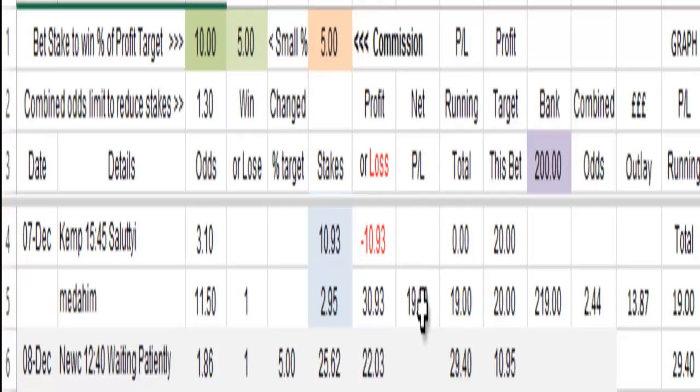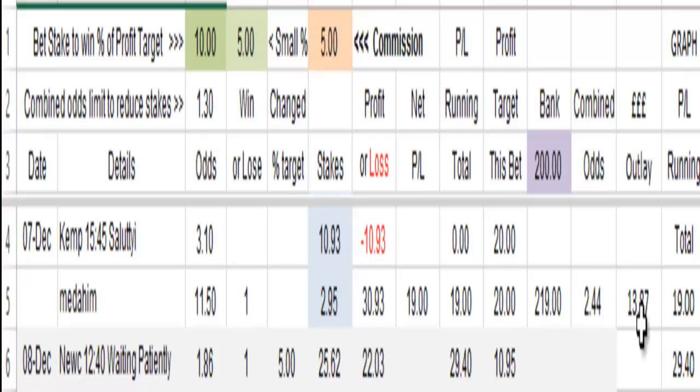The second horse won, and it brought me in 30.93, which less the 10.93 brought me in £19. Now the running total of that was £19 profit. That gets added onto the bank, and it becomes 219. My outlay was 10.93 and 2.95, and that was the outlay over here.